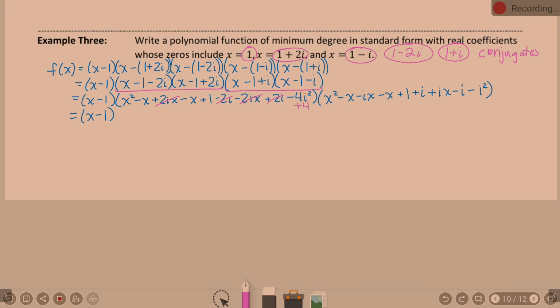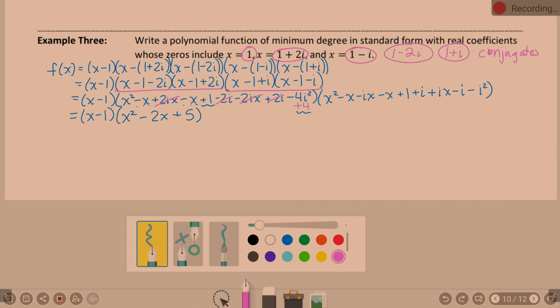So this parenthesis should clean up to be a trinomial. We've got x squared minus x, and minus x is going to be minus 2x, plus 1 and plus 4 is plus 5.